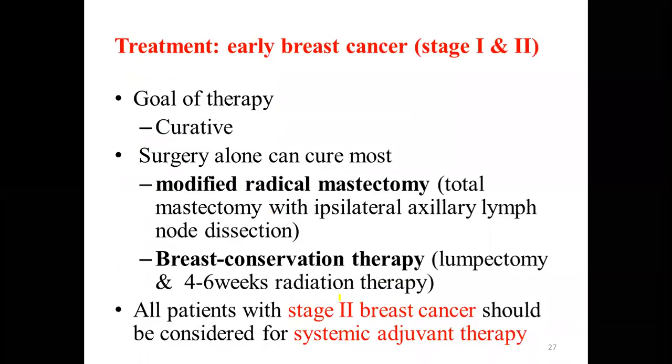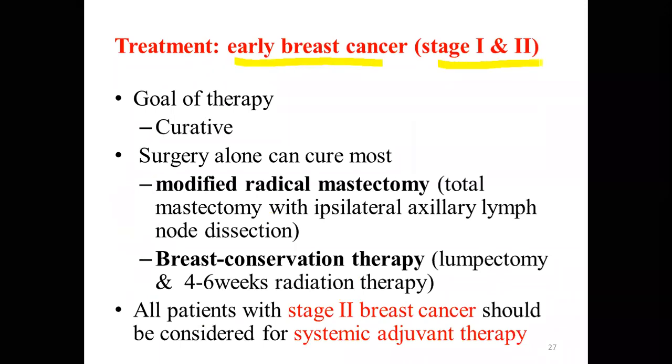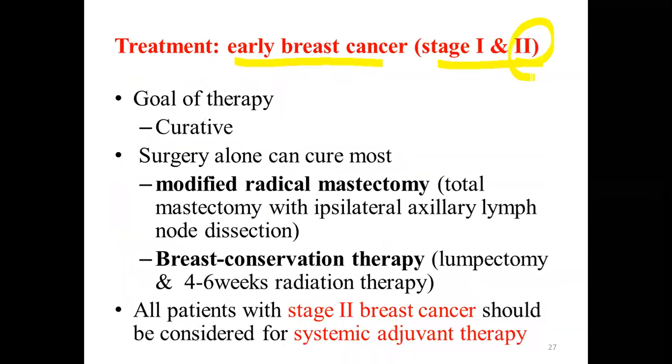Now let's see how we treat early stage. Early stage, I said, is stage 1 and 2. Stage 2 involves the lymph nodes, but stage 1 is only within the breast. So what is the goal? The goal is curative.